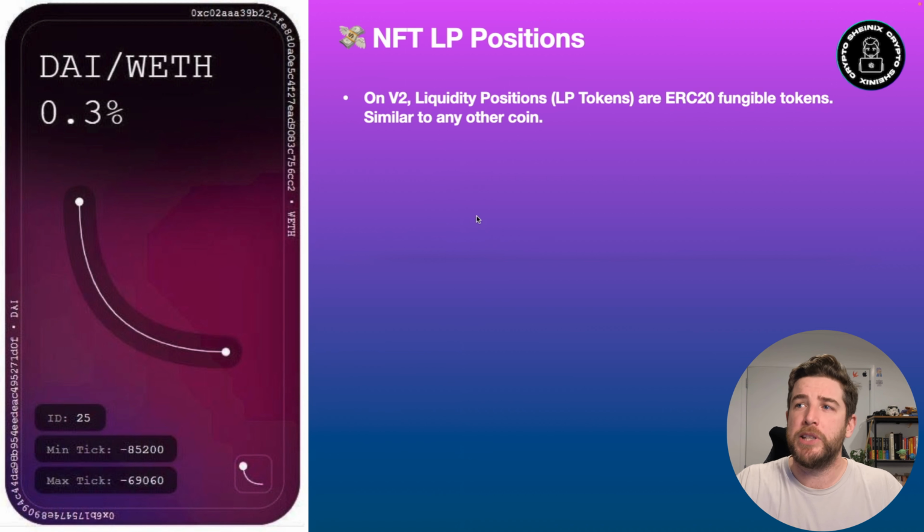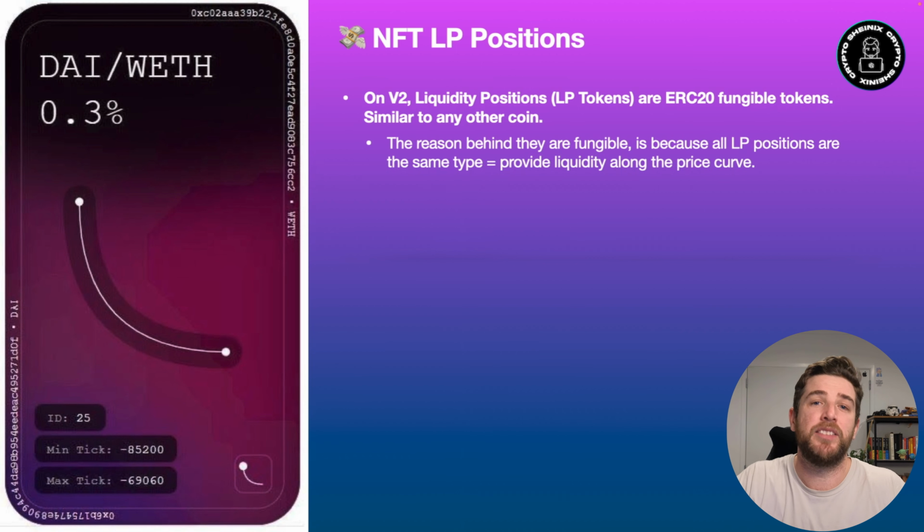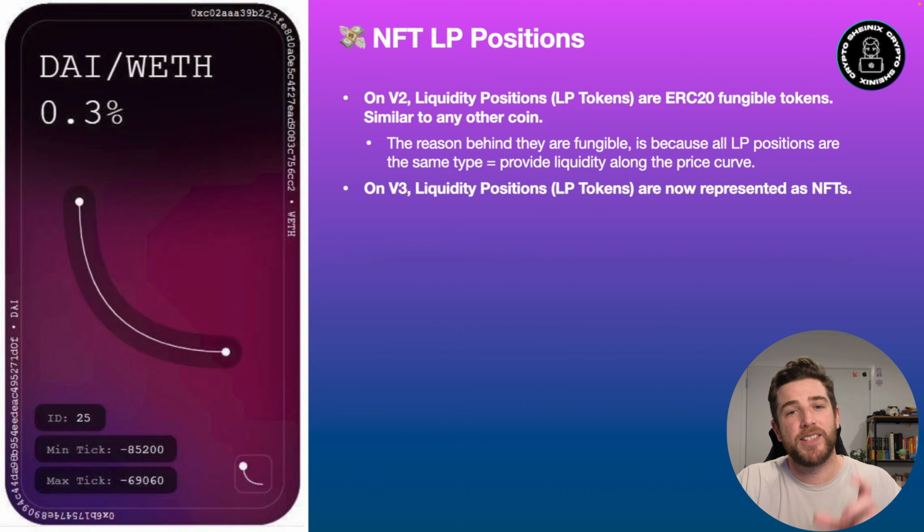On V2, liquidity positions are ERC20 tokens, so they are fungible tokens similar to any other coin. And the reason they are fungible is because all liquidity positions are the same type. They provide liquidity along the price curve, so you provide liquidity in the whole price curve. There's no selection of a portion of the price curve.